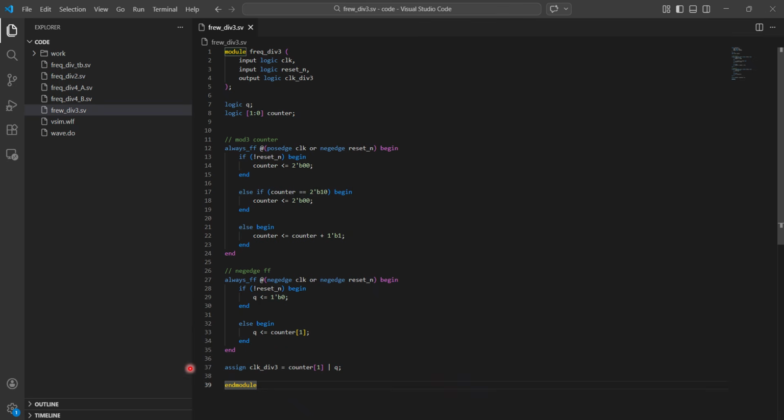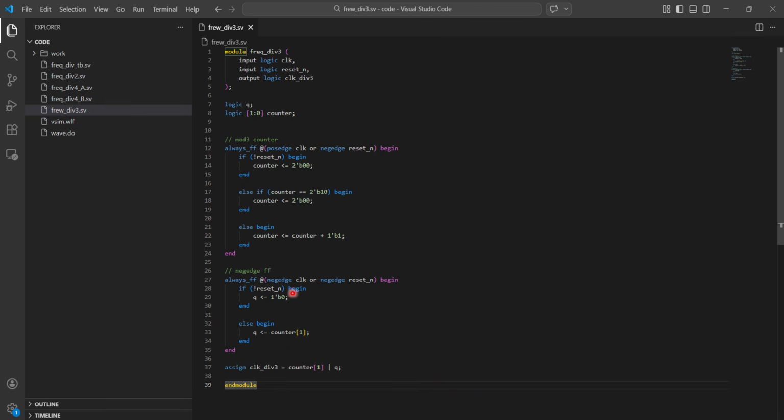Let's look at our flip-flop. We have the mode 3 counter and our flip-flop. Our flip-flop is operating on a negative clock edge, and it has a reset. When we have a reset, we're gonna reset the output.